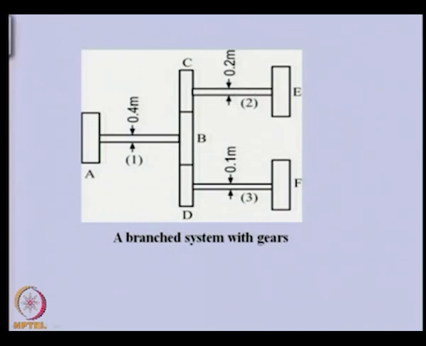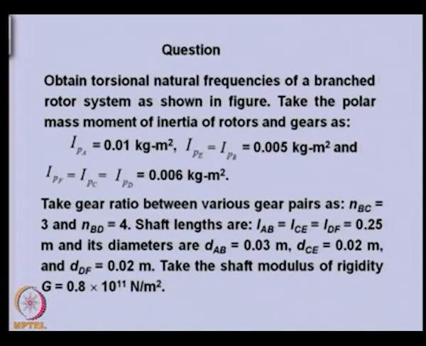Basically, various properties of these discs are given. For the flywheel we have this property, and the gears also have polar moment of inertia, and they are not negligible. The gear ratio between gears B and C is 3, and between gears B and D is 4, whereas the lengths of the shafts are given, the diameter is also given, and the shaft modulus of rigidity is also given.